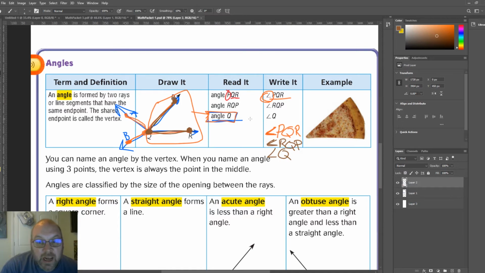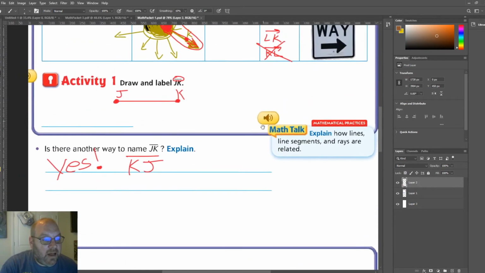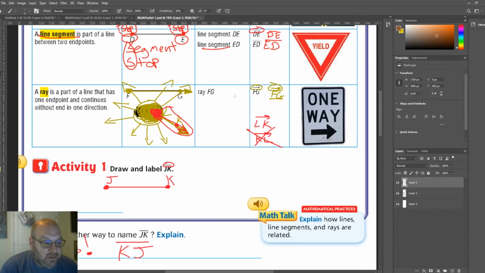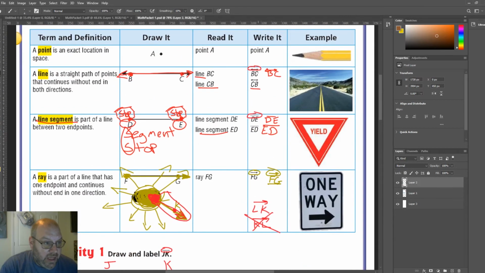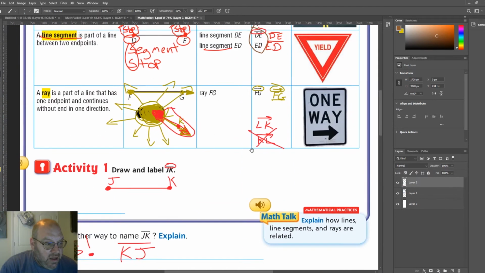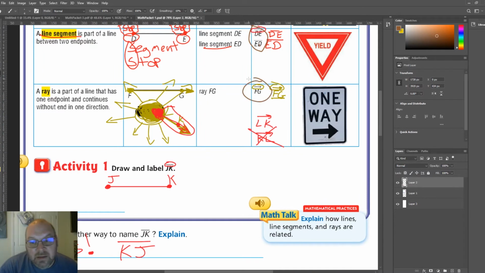Now, to reiterate, the only thing we cannot flip-flop is this ray. Okay? If you look at how we write all of these, there's two ways to write it. We cannot flip-flop the ray. That's going to be important when we're looking at bigger angles, and it's saying find a ray here, find a ray there.